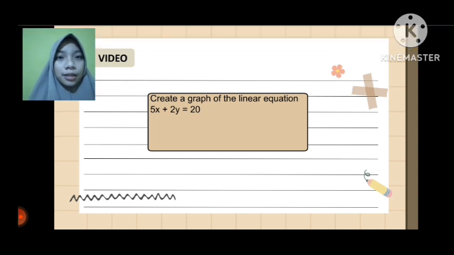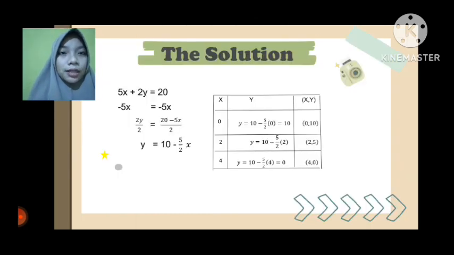Next, I want to explain the question from the video. The question is: create a graph of the linear equation 5x plus 2y equals 20. The solution: first we write the equation from the question. This is 5x plus 2y equals 20, and on both sides we add minus 5x, and then we get the new equation, 2y equals 20 minus 5x.